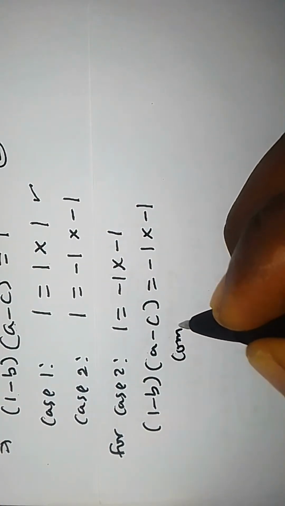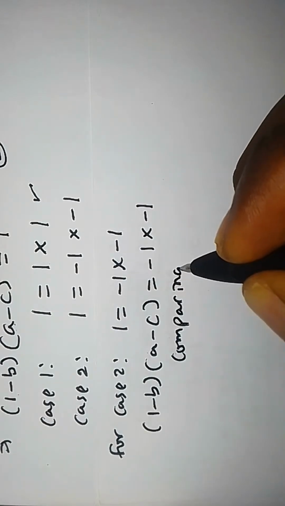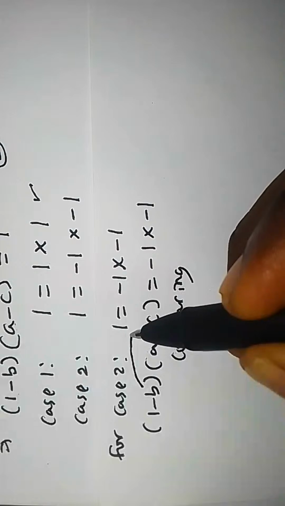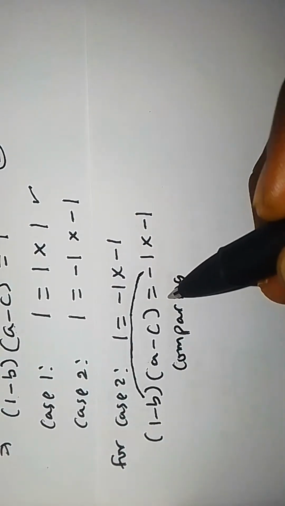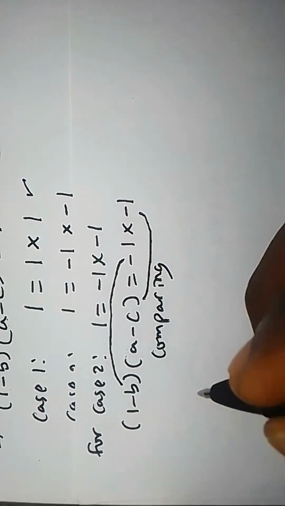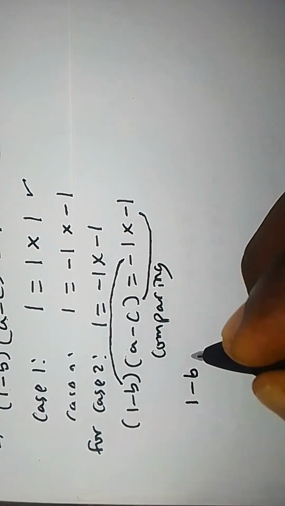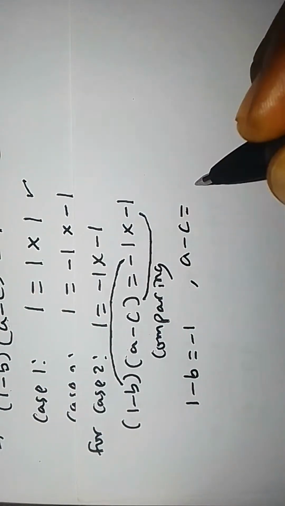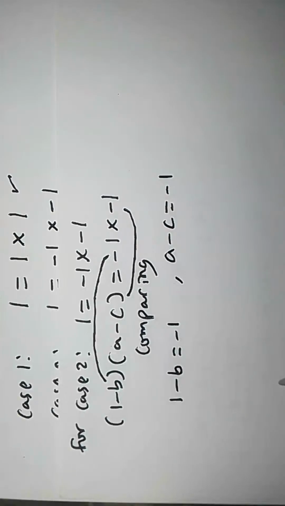Comparing, as we did for case 1, 1 minus B has to be equal to minus 1, while A minus C has to be equal to minus 1 also. 1 minus B equals minus 1. A minus C is equal to minus 1.